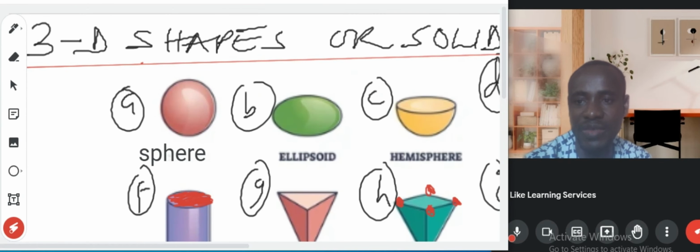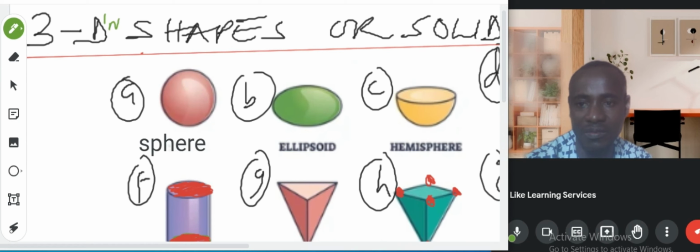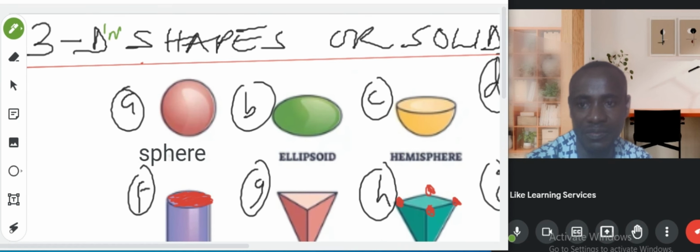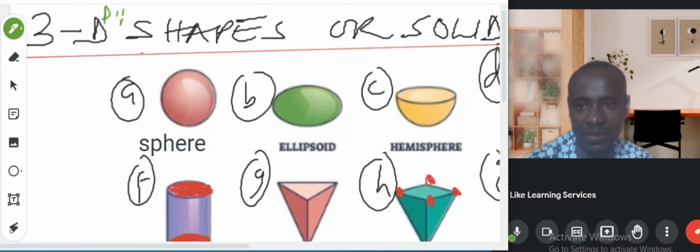By the way, 3D means 3 dimensions, or 3-dimensional shapes. 3-dimensional shapes are solids because they have a thickness.